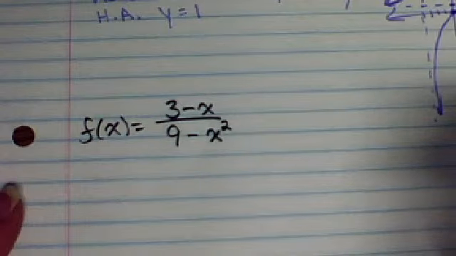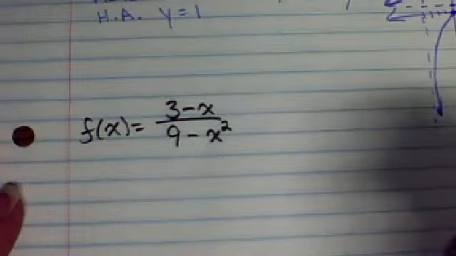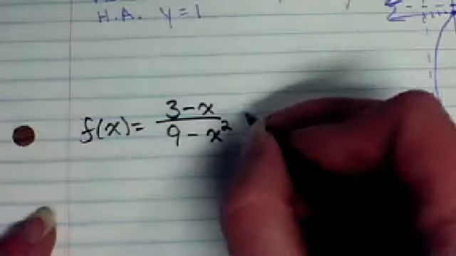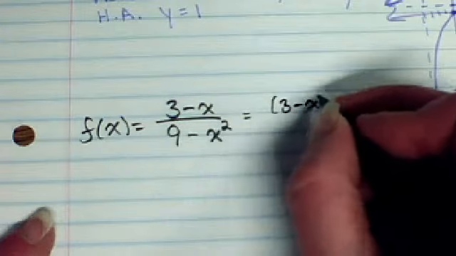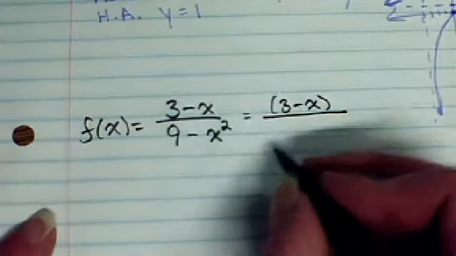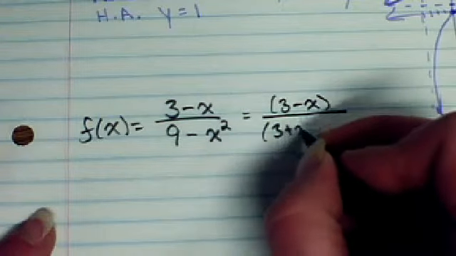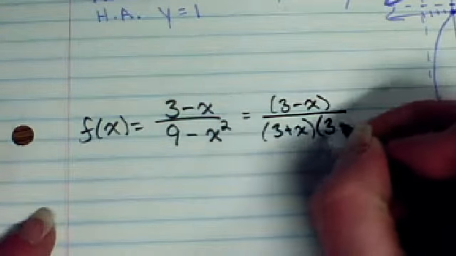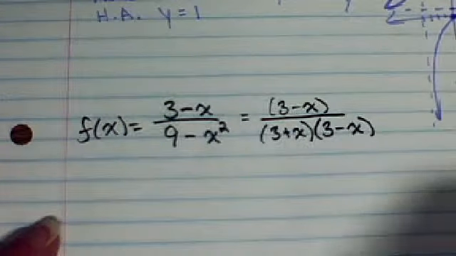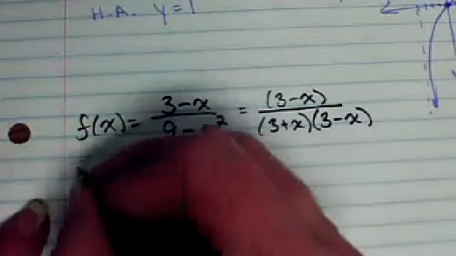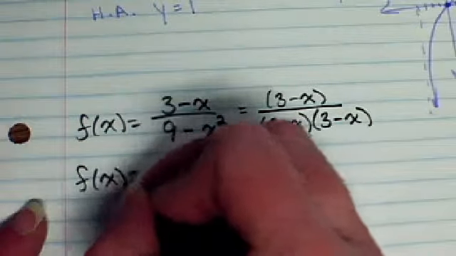Three minus x over 9 minus x squared. Okay, so that gives me 3 minus x over, well, that's going to have to be 3 plus x, and a 3 minus x. Those are going to divide out. Be careful here.